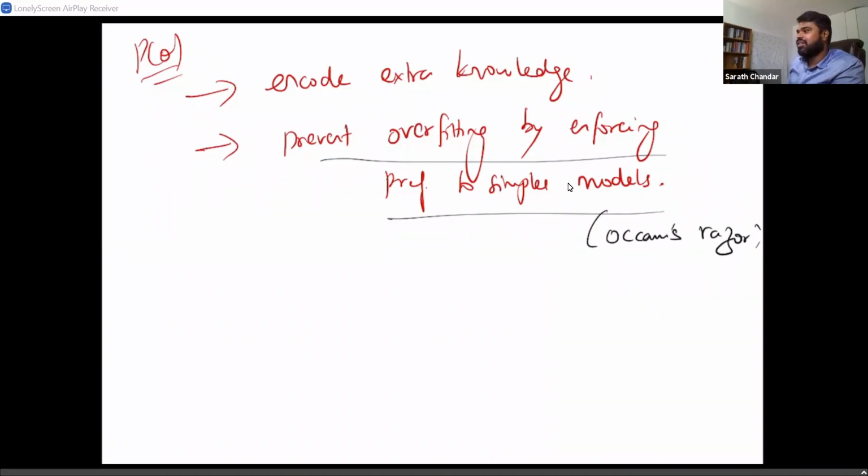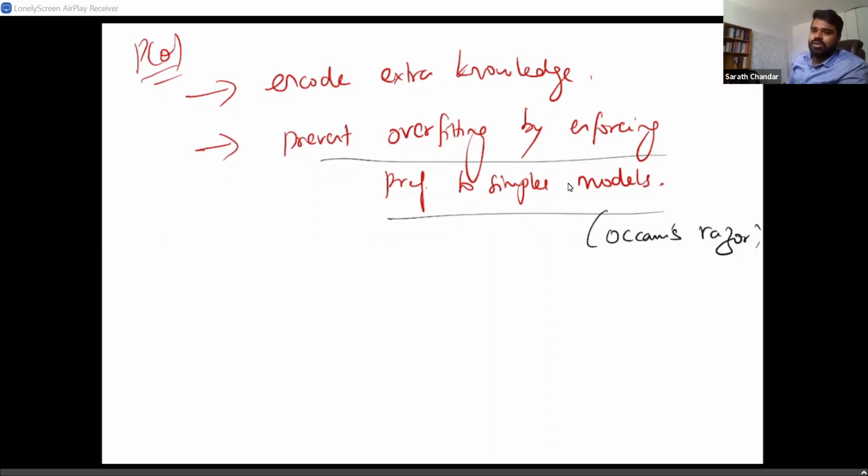I'm just claiming that we should always prefer simpler models over complex models, provided they have the same performance. Why? Any idea? To prevent overfitting, right? The complex model has the risk of overfitting, so we could actually avoid that if we just follow Occam's razor.